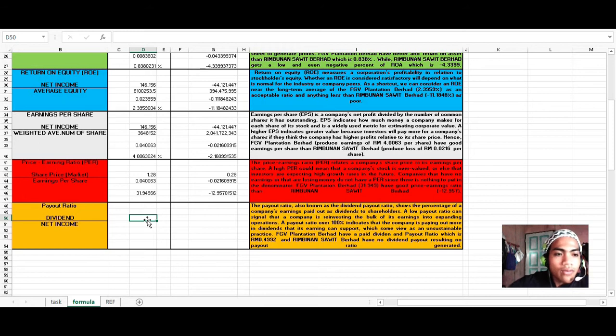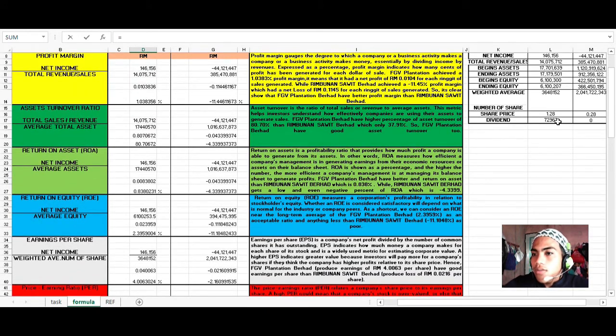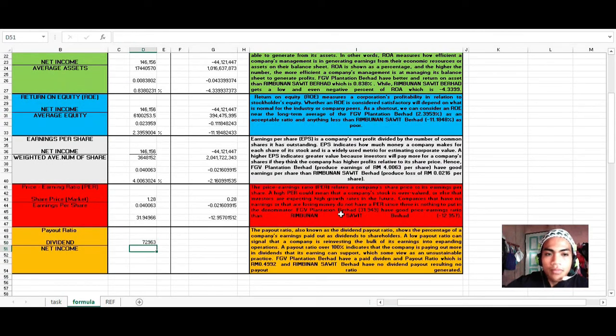So the last ratio is payout ratio. Payout ratio is dividend divided by net income. For FGV, the dividend is 72 million, and then divided by net income of FGV. So we need to divide it also.